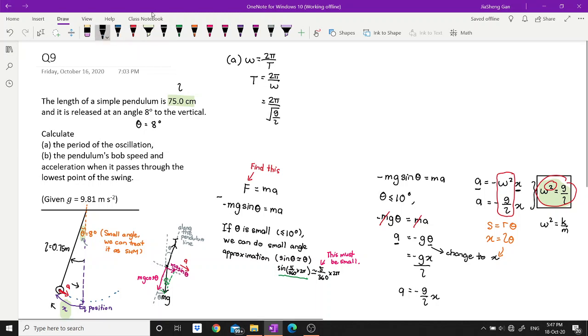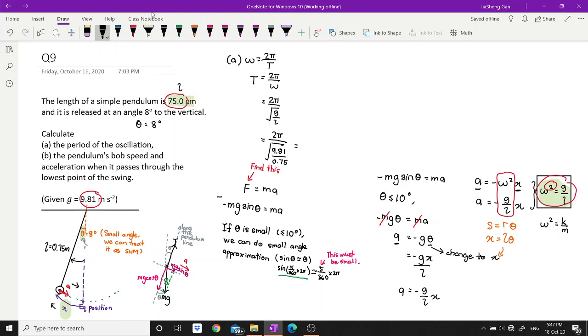They give you the g and they give you the length, so it's now a matter of substitution. 2 pi over the square root of 9.81 divided by the length, which is 0.75.